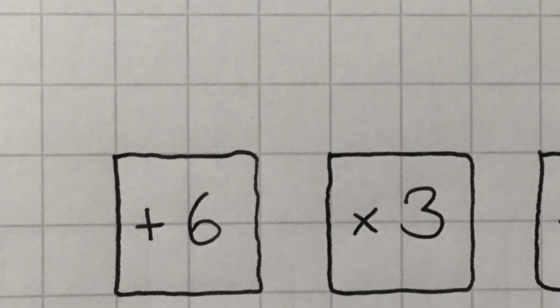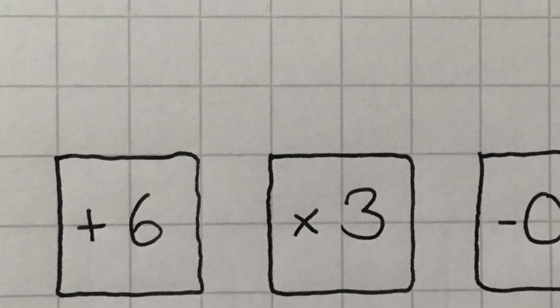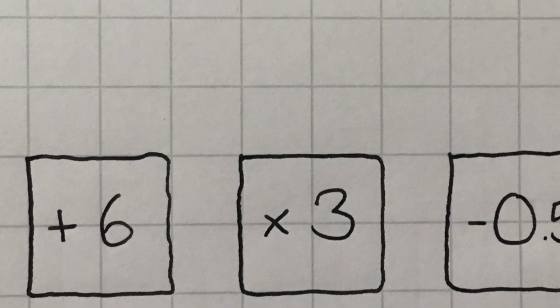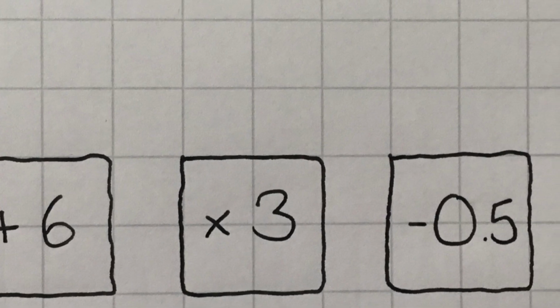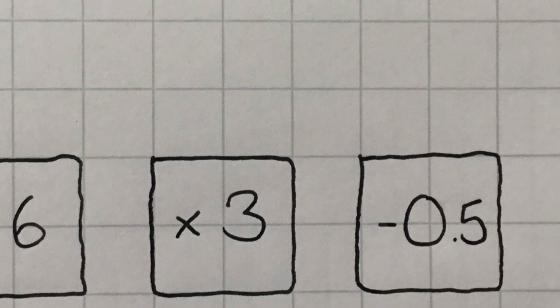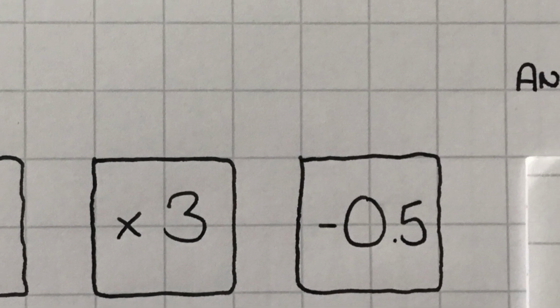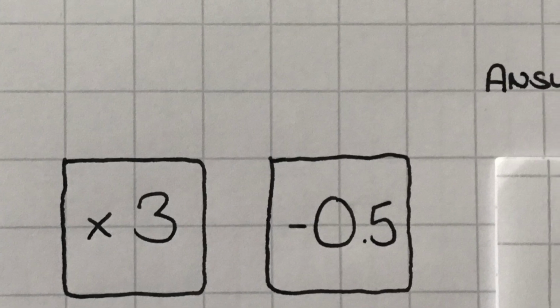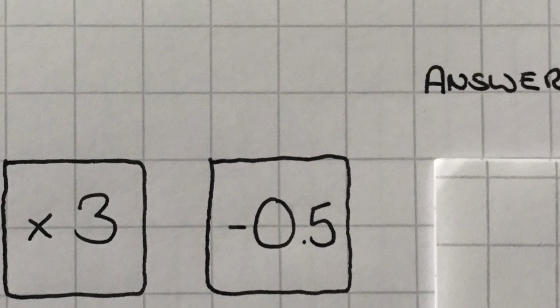If you have the end number, you have the answer. You've got to go backwards through the flow diagram and carry out inverse operations. Okay, so the opposite operations. We go in reverse and we reverse the operations. And that would lead you to the starting number. So we're going to take a look at a few examples, some basic ones, working up to some tricky ones that you need to be aware of.